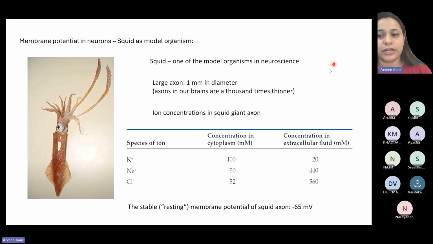That is why it is one of the model organisms, right? And Hodgkin was one scientist who did a lot of research on these phenomena that we are going to discuss in the remaining session on the giant squid axon, and he received a Nobel Prize for these studies, right?